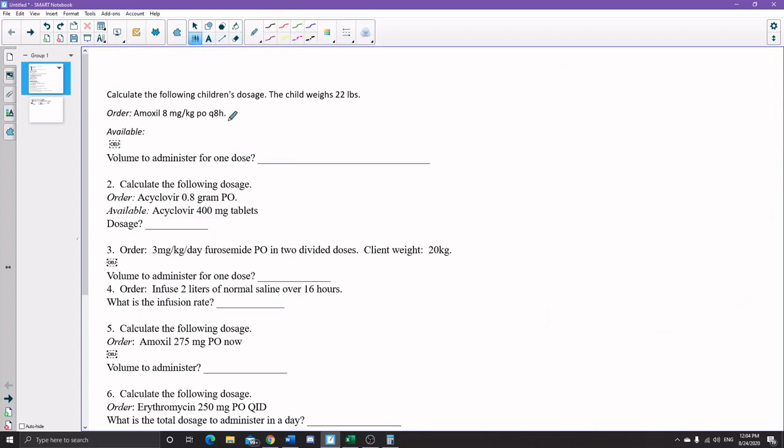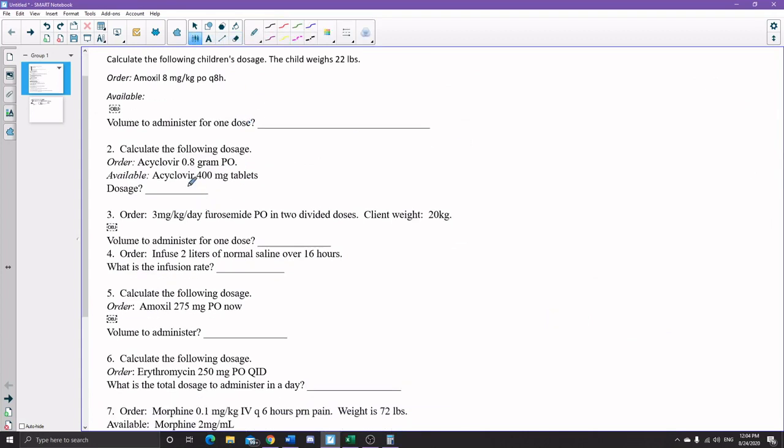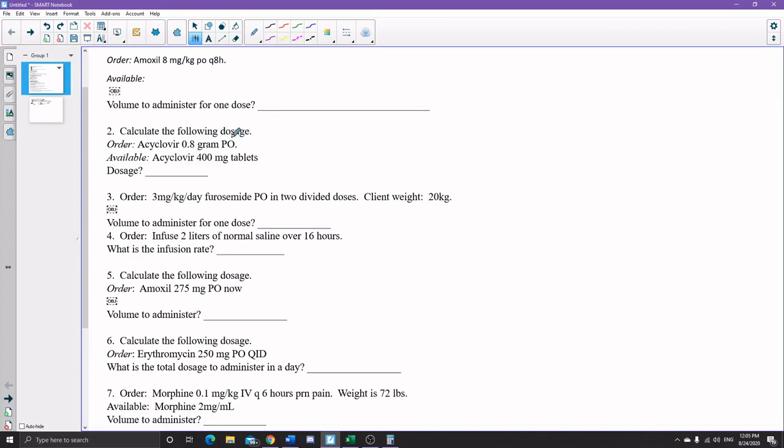Okay? Alright. So number 2, calculate the following dosage. Our order is 0.8 grams. And available we have 400 mg tablets. This is my first time looking at these questions too, so it might take me a while. Okay, calculate the following dosage.